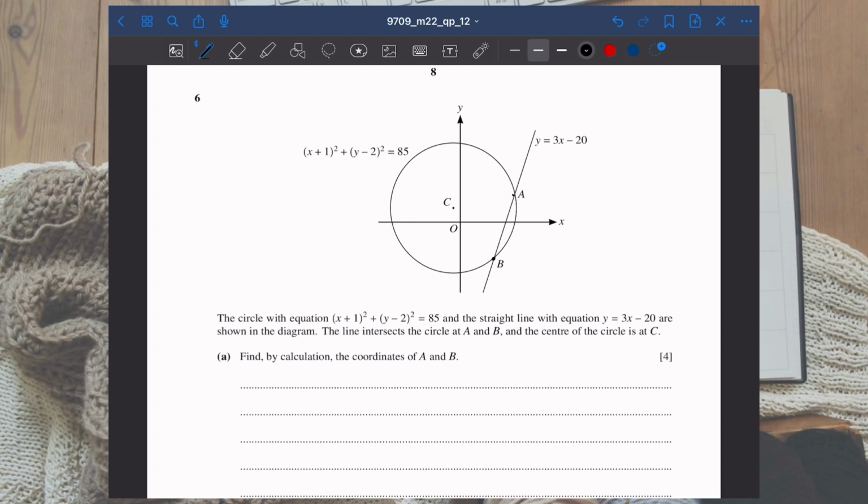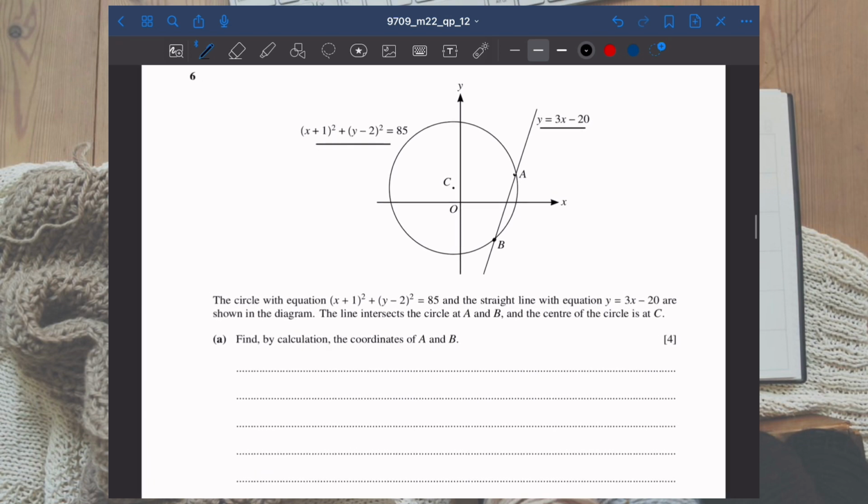So we are given the equation of the line and the equation of the circle. To find the intersection points, which are A and B, we can substitute the equation of the straight line into our equation of the circle.